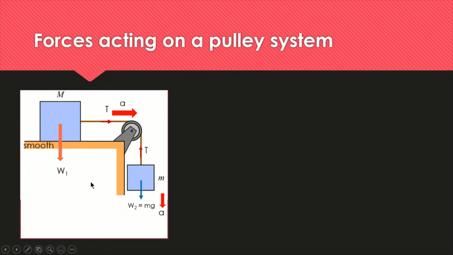From the diagram here, it shows that the smaller mass is moving downwards, but the bigger mass is moving to the right. So in order to understand this better, I straighten the rope. I stretch this rope, and when you stretch the rope, you can see very clearly that the whole system is actually moving to the right.